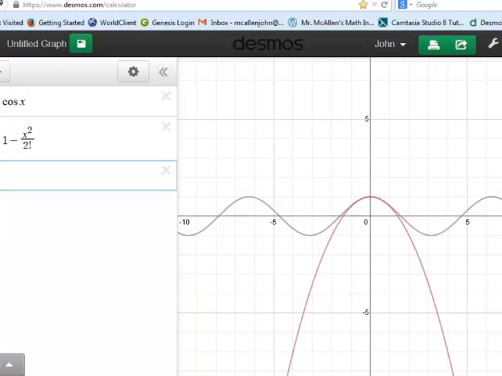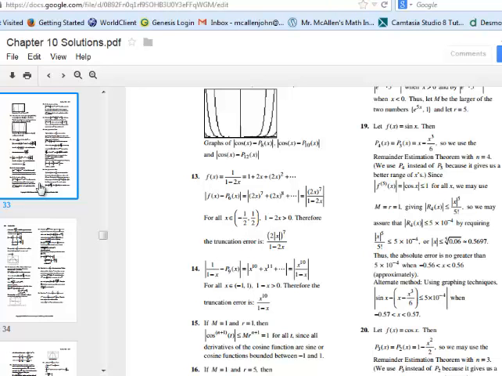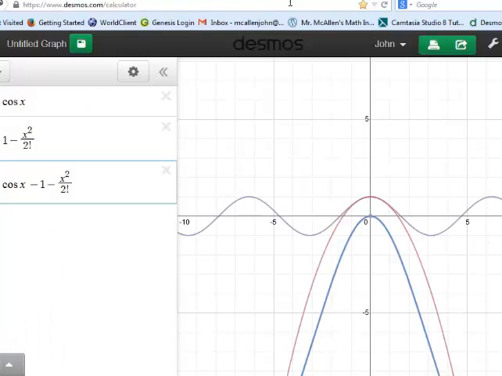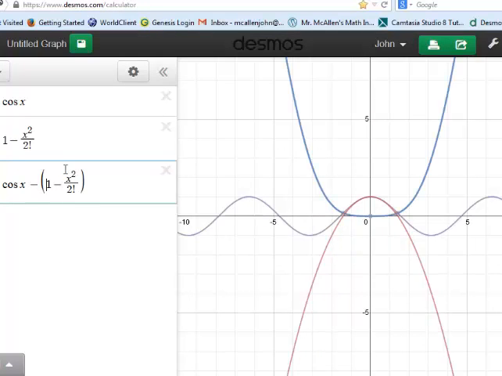Now we're going to check our error. I'm going to write cosine of x minus our fit, so I'll cut and paste that, taking advantage of some of these free tools on the internet, and make sure you have your parentheses in. There we go.